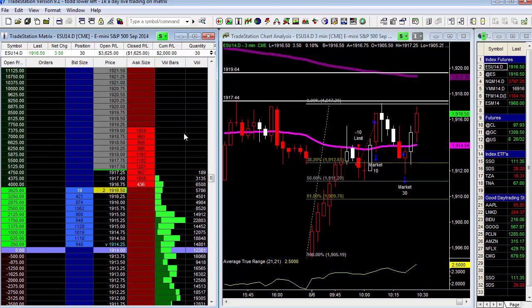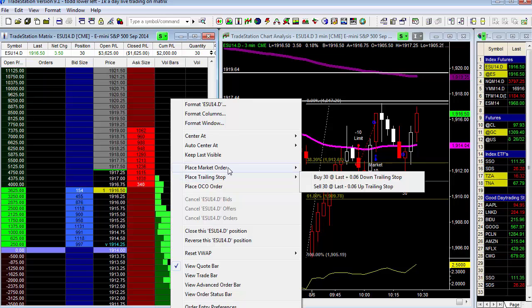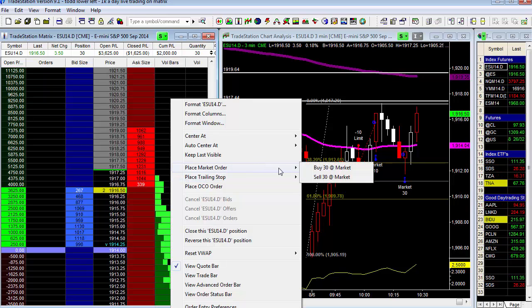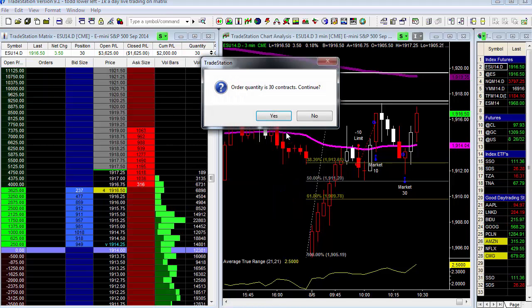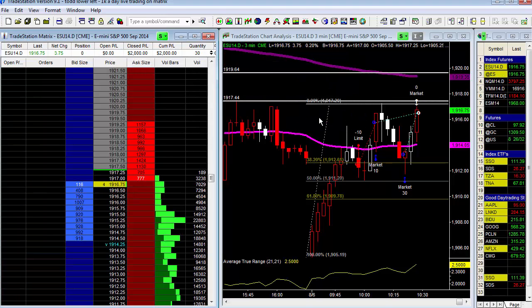So I'm going to place a market order to exit this, okay? Place the market order right here to sell 30 to exit this position. All right, let's go. Sell 30, right? And there we go. Order filled.